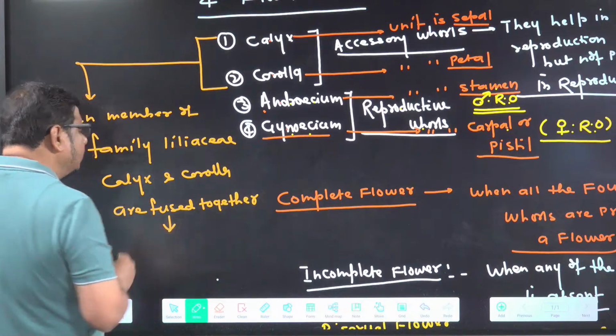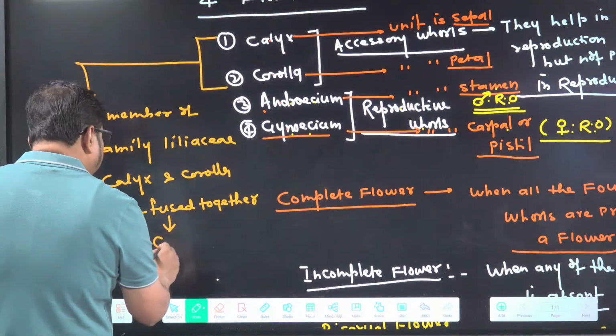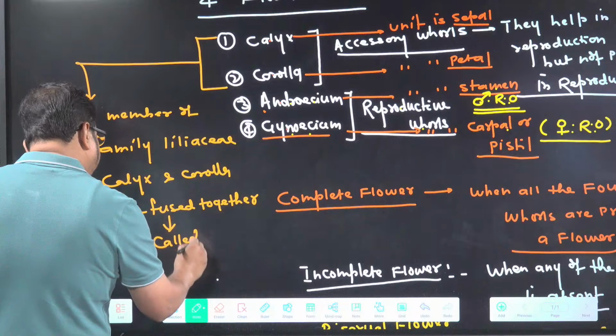You are not able to differentiate between calyx and corolla, and it is called perianth.